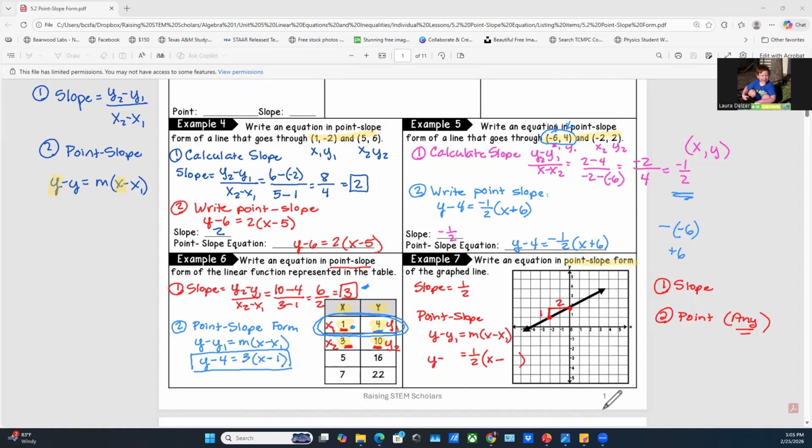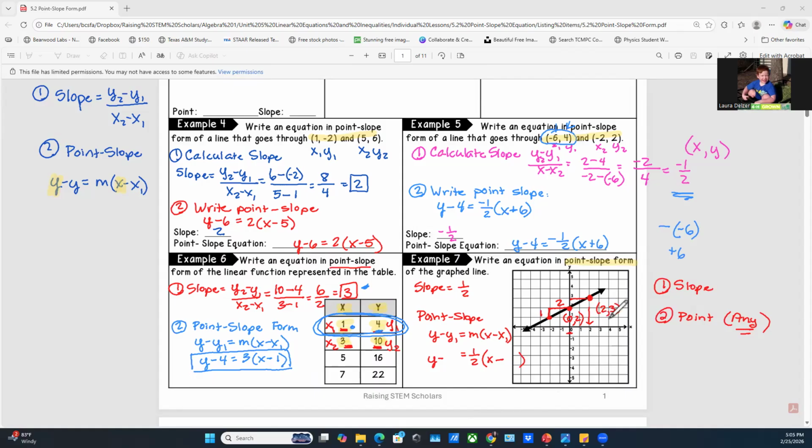I'm going to pick a point, and it does not matter. It can be any point you want. I can just pick this one right here, okay? This point, we read down, this is 2, right? And this is 3. We could pick this y-intercept, which is 0, 2. We could pick any point we wanted to on this line.